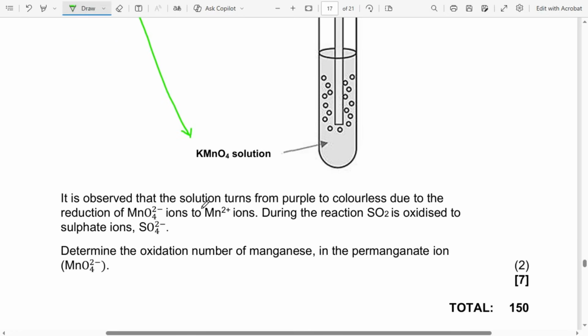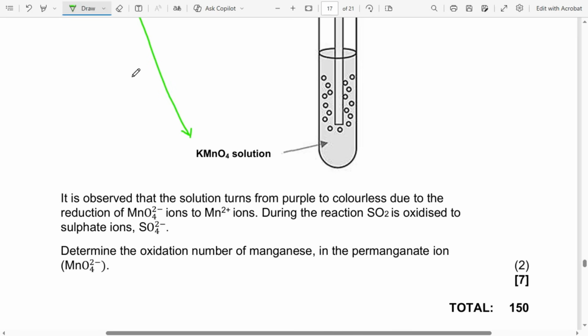It is observed that the solution turns from purple to colorless due to the reduction of MnO4 minus ions. During the reaction, SO2 is oxidized to sulfate ions. Determine the oxidation number of manganese in the permanganate.